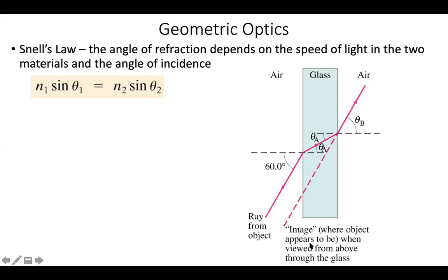So if you can imagine a thick enough piece of glass, somebody out here looking at some object, to this person the object appears closer to the glass than the object actually is because of this bending of light.